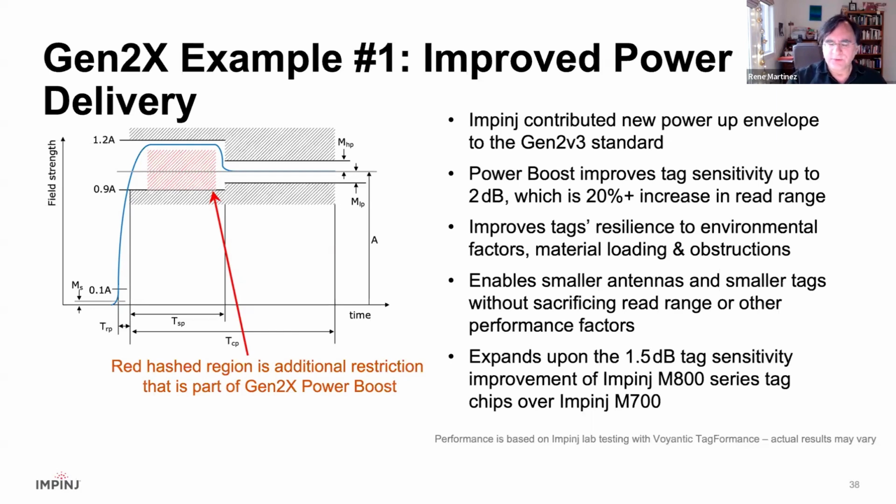With this initial power boost, what we're calling a Gen2X power boost, it sometimes improves the tag sensitivity by 2 dB, which corresponds to a 20% increase in range.